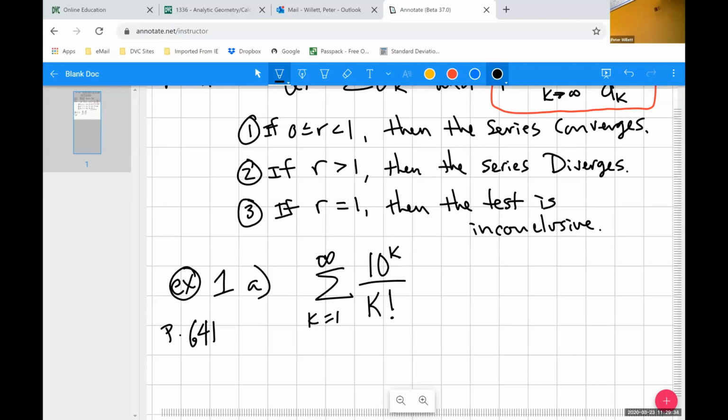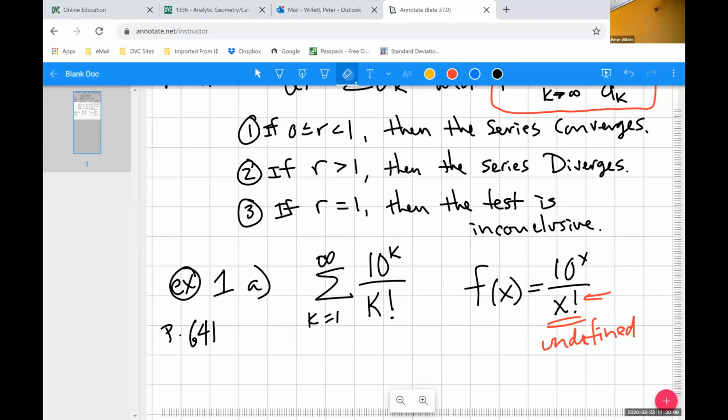So for example, if I tried to write f of x equals 10 to the x over x factorial, this is undefined. This doesn't work. Because you can only take a factorial when you have whole numbers so that you can count down. And since we can't make a function out of the formula for the terms, that means we can't use the integral test.